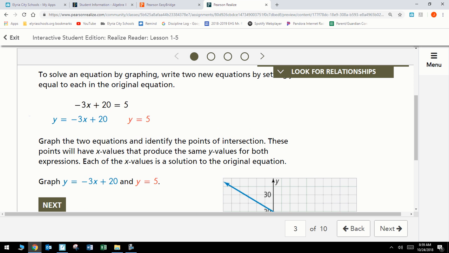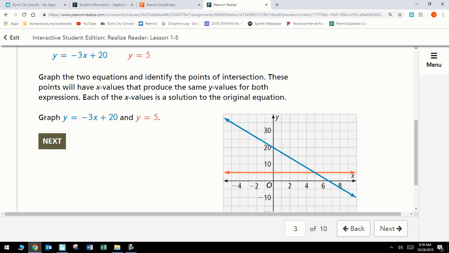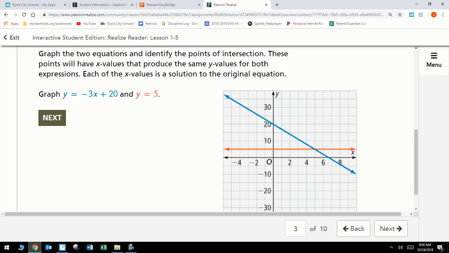And when I graph those two on the same coordinate plane, they have an intersection point. So that intersection point, what is the x value there?